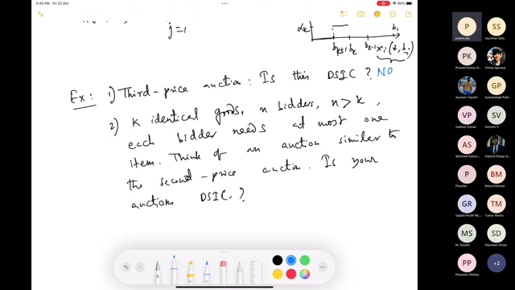One straightforward way to prove that this is not DSIC is to come up with a number of players and their bids, their valuations, and show that in this particular scenario, this particular bidder is better off not bidding his or her true valuations. That will be a direct way, but there is a very straightforward way also from Meyerson's lemma. Can someone try to prove this from Meyerson's lemma?